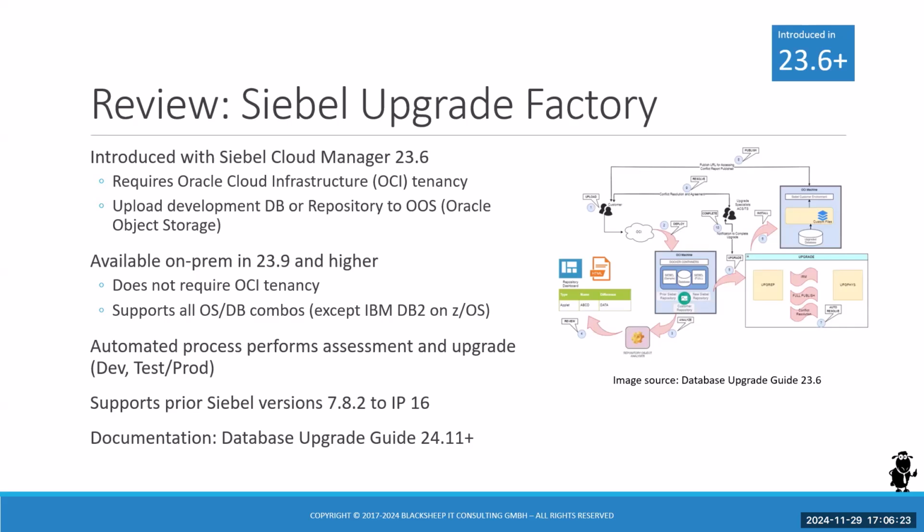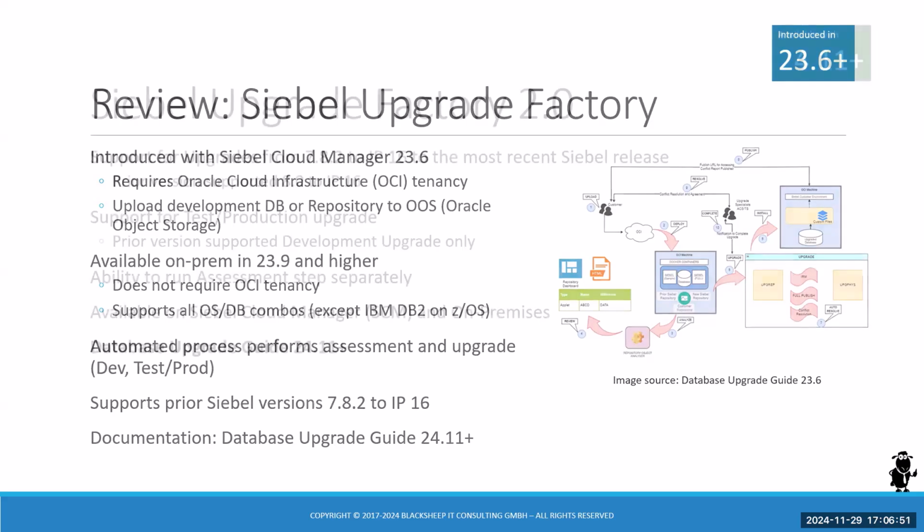The idea is to upload a copy of your development database, or an export of the repository of the prior version, to Oracle Cloud, and then run a process, which is basically the development upgrade process. That was made available in 23.9 on-prem. Let's dub it Upgrade Factory 1.0, because now we have 2.0.